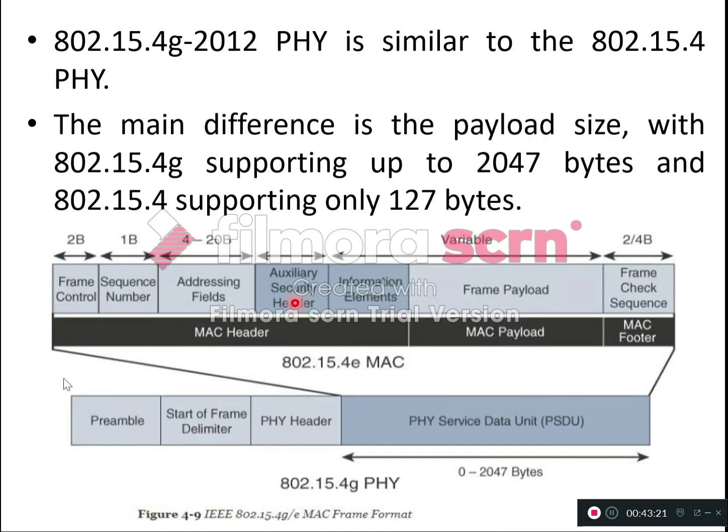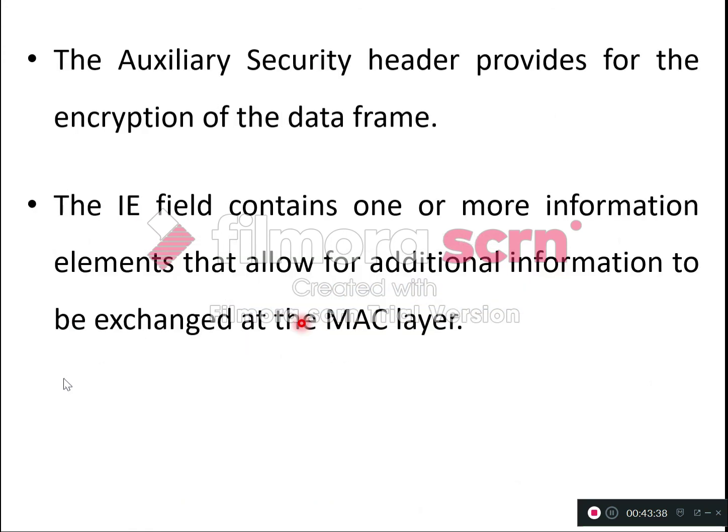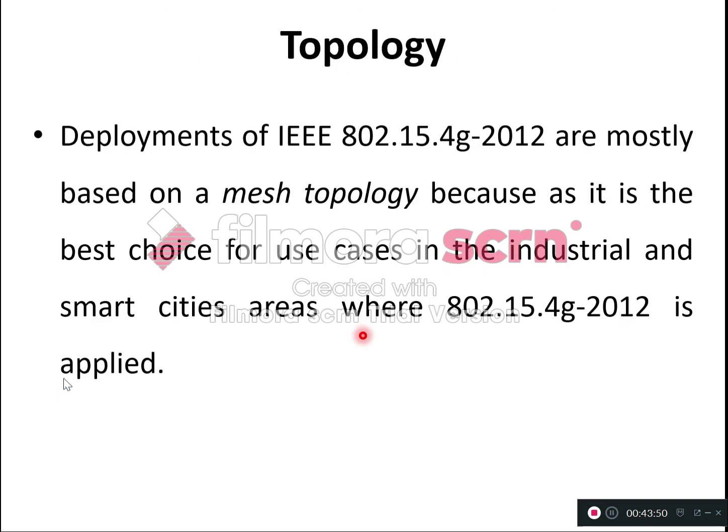We have seen that there is a bit in the frame control to enable the security bit. If that bit is set to 1, the auxiliary security header will be added, which will provide security for the header and encryption for the data frame. The IE field contains one or more information elements that allow additional information to be exchanged at the MAC layer.